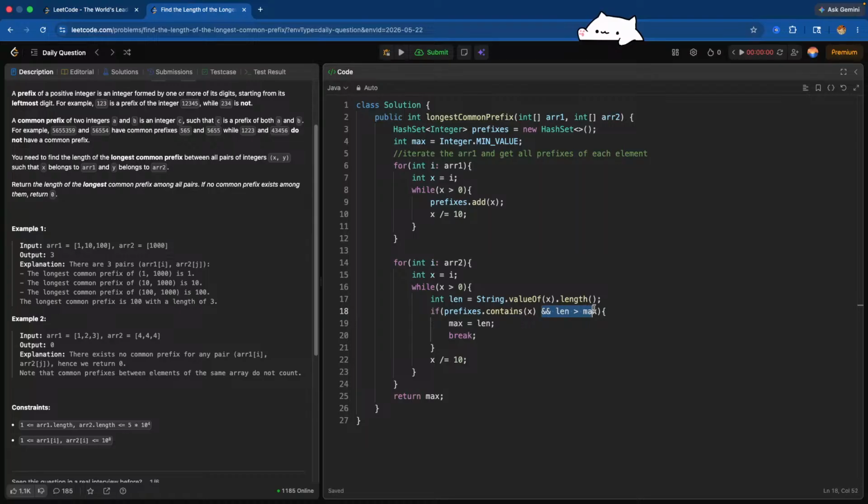To optimize this, I can have this as an inner check: if it is greater than this one, then I store it, else I break.